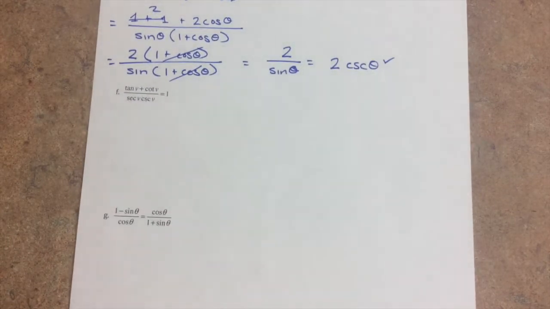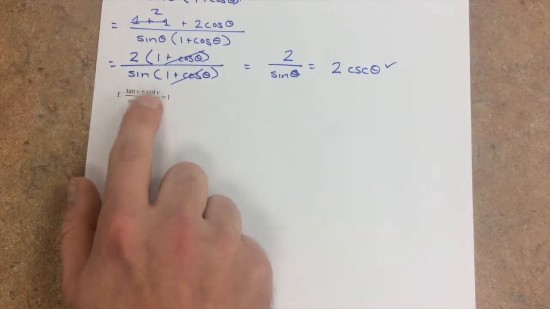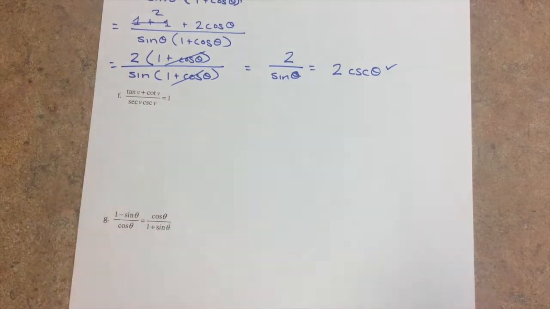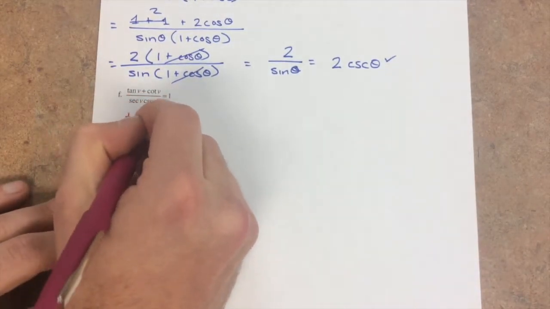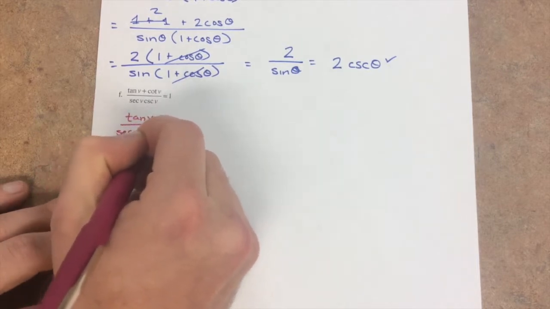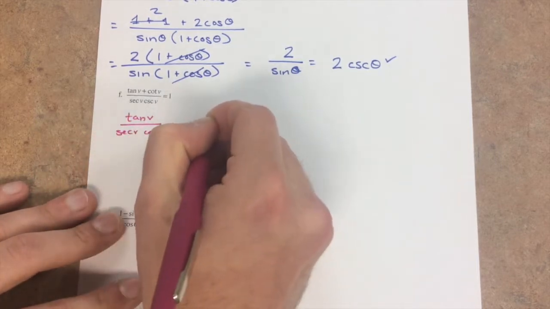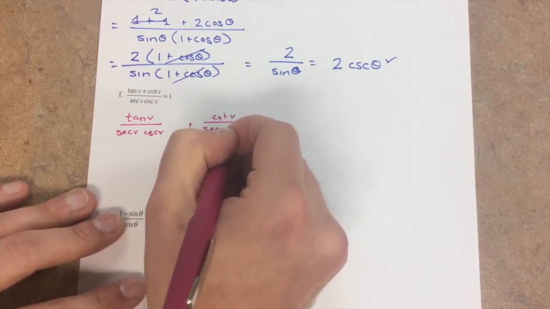Next up, I want to show that tan v plus cotangent v divided by this whole mess is equal to 1. So I'm going to write something really weird to start, and you might be like, how do you know how to do that? So I'm going to write this as tan v over secant v cosecant v plus cotan v over secant cosecant.